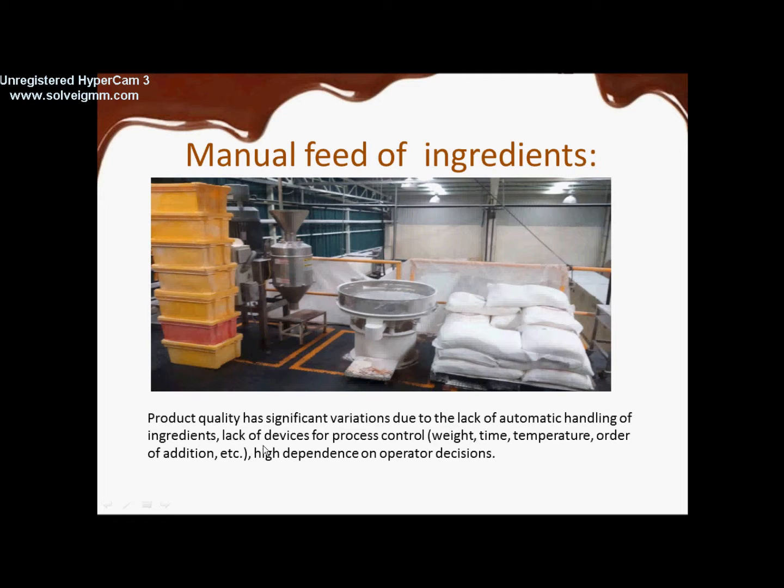Here the product quality has significant variations due to the lack of automatic handling of ingredients. Also, the lack of devices for process control such as weight, time, temperature, order of fabrication, and some others. It has a very high dependence on the operator's decisions, so it doesn't give you a good quality of the product because it can vary a lot depending on the operator working.